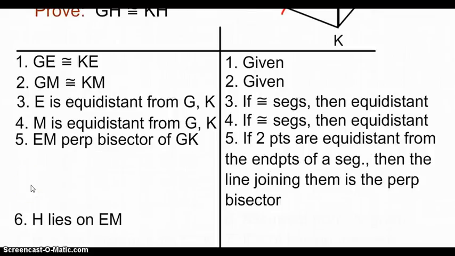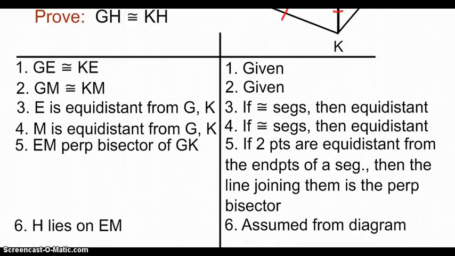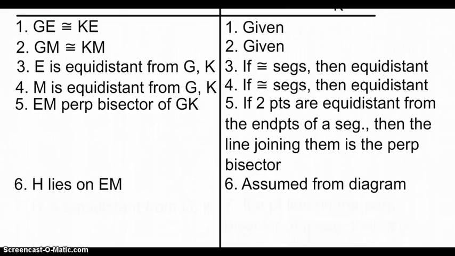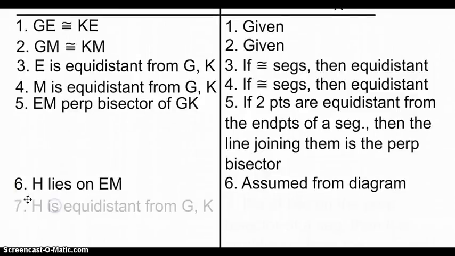Then from the diagram, we can assume for step 6 that H lies on EM. Again, looking at our diagram, H lies on EM, which is assumed from the diagram. Therefore, H is equidistant from the endpoints of the segment, GK.